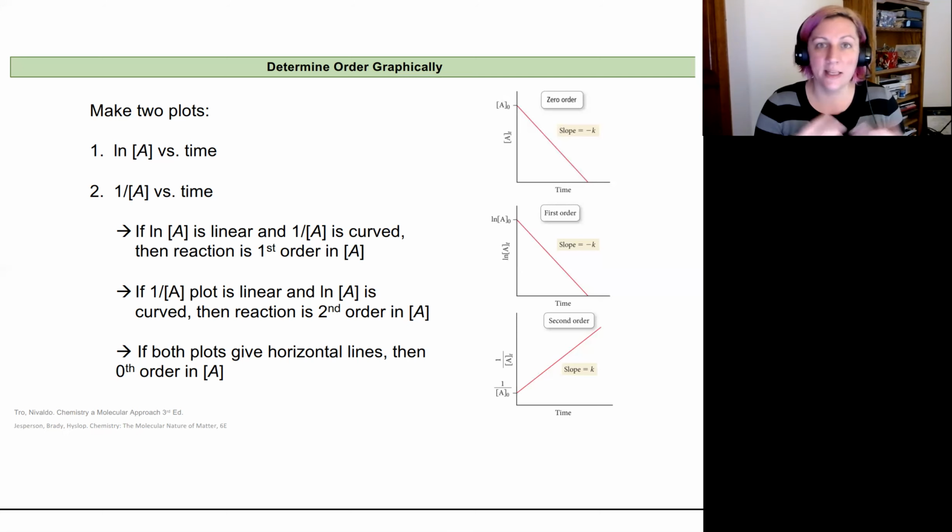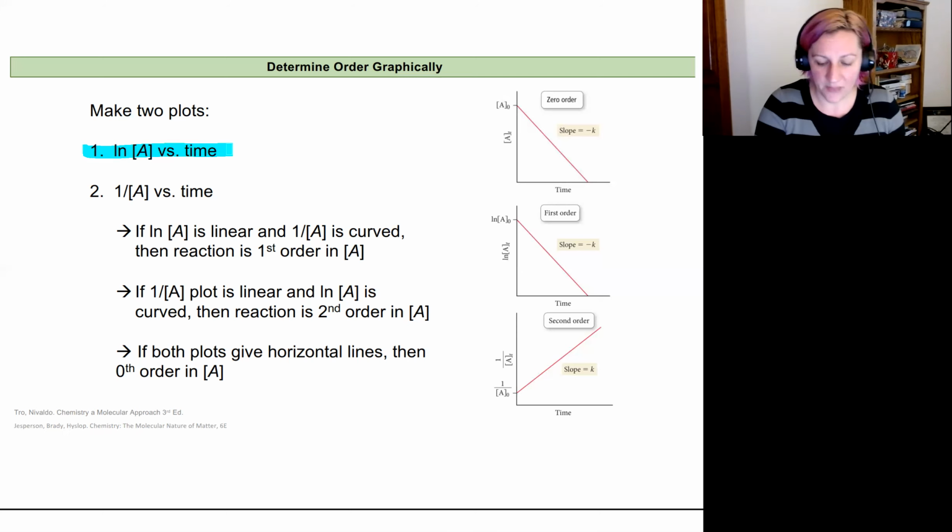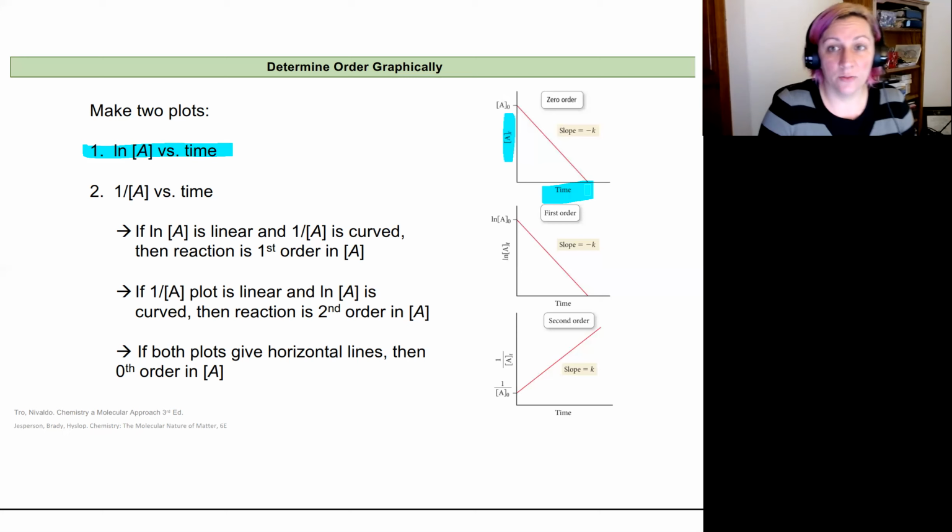So let's say you got a pile of concentration information versus time. Well, if you can plot that information on a graph, you can quickly figure out the order. So if I take the natural log of the concentration versus time, I'll have this top graph up here. And if I get a linear relationship, oh, I don't have the top graph up there. I would have the middle graph.